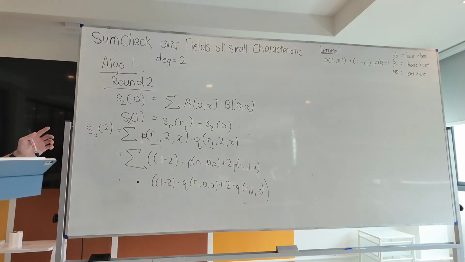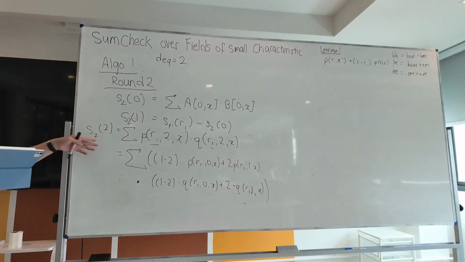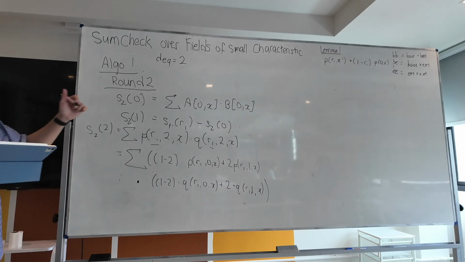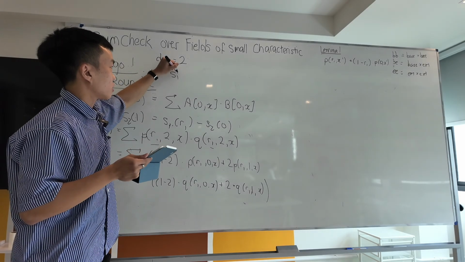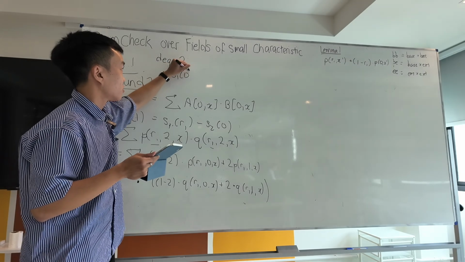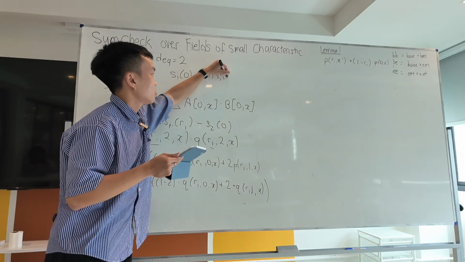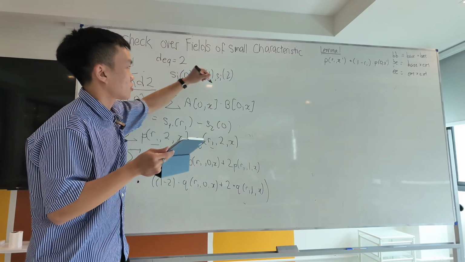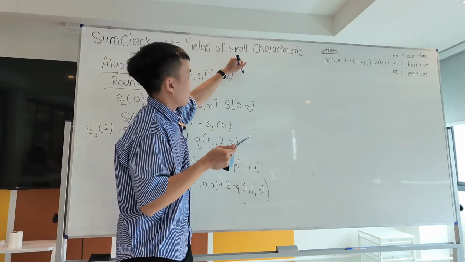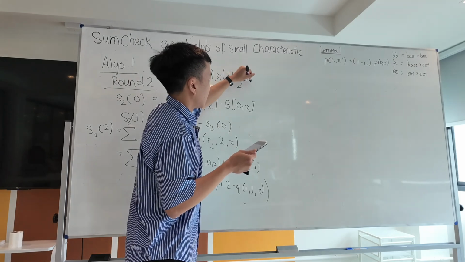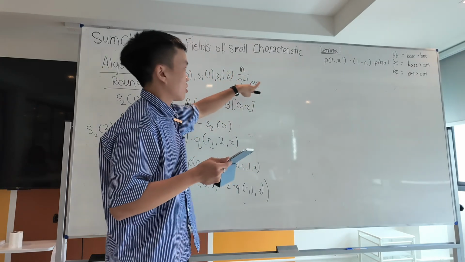And I'll also write the brief costs of this. So this is how you would calculate for the second round. And basically for the ith round, it's the same thing. The rough cost is that if you have Si of 0, Si of 1, and Si of 2, the cost is going to be about n over 2 to the i minus 1 extension multiplications.